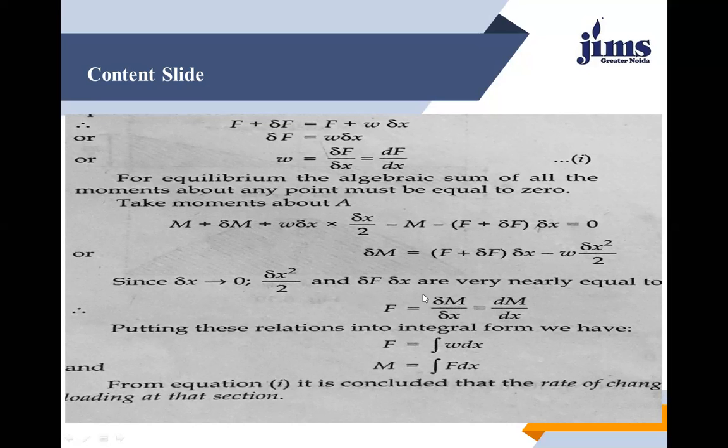Also delta F delta x, a small force and small distance, is also negligible. So F is equal to delta M over delta x.